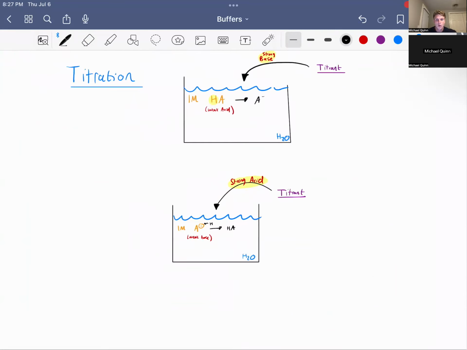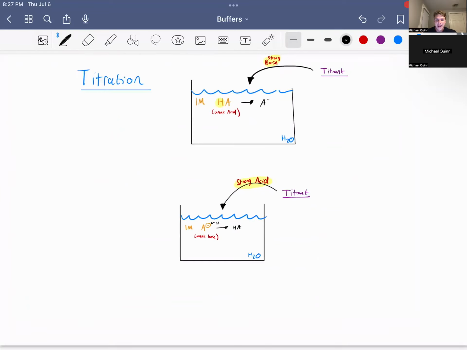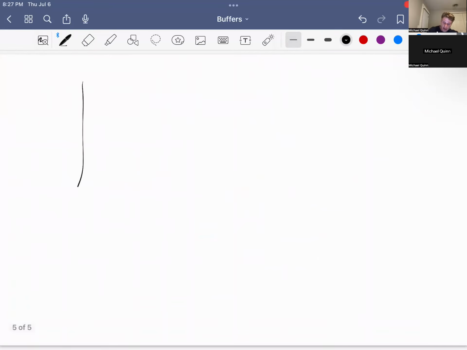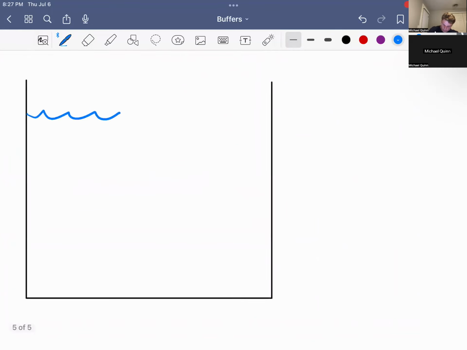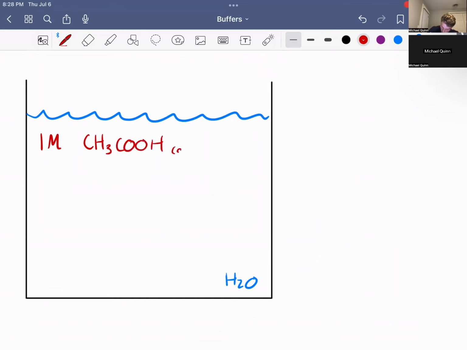So now I want to continue by going into how we can run a reaction with a weak acid or base with a titrant to then create a buffer solution. So if we have a beaker and we have H2O, and there is 1 molar of CH3COOH aqueous, and this is a weak acid.